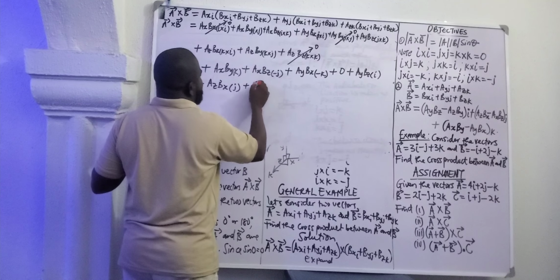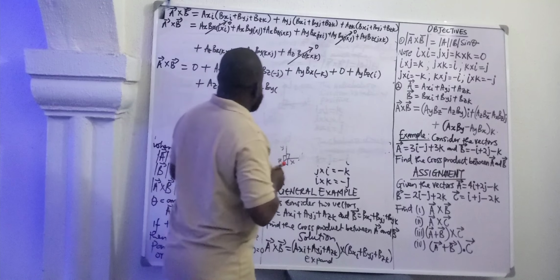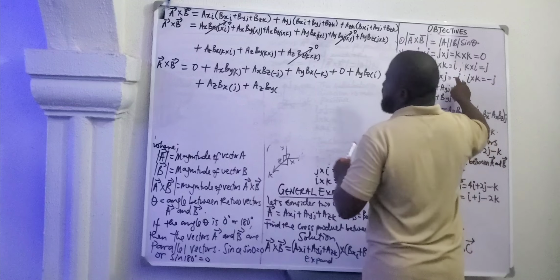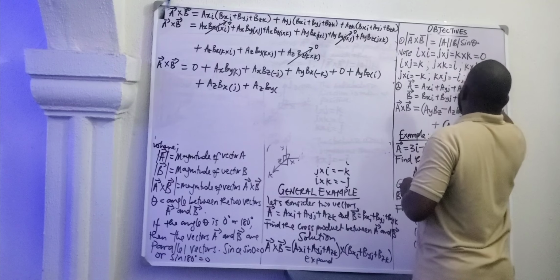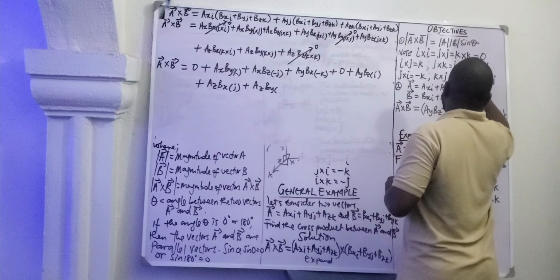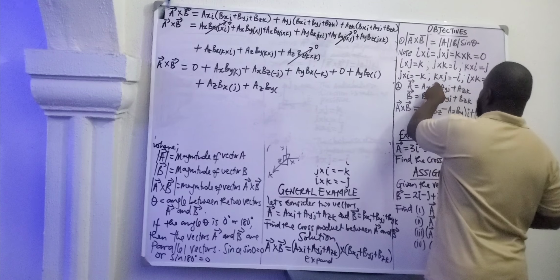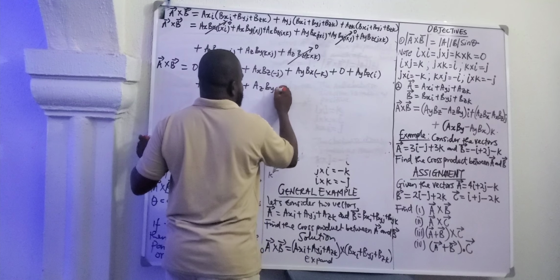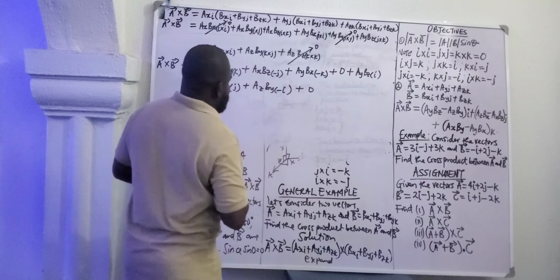Plus I have AZ BY in place of k cross j. K cross j is minus i. And the last component there is 0.